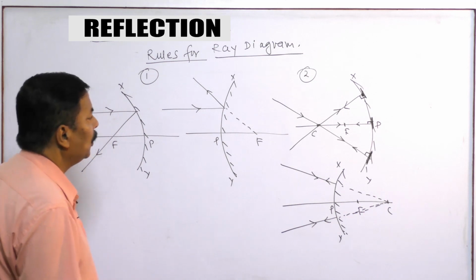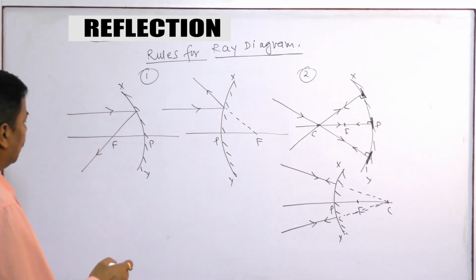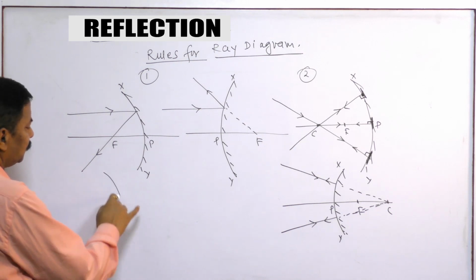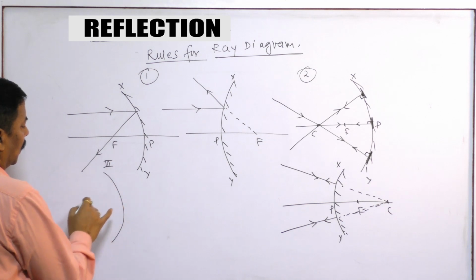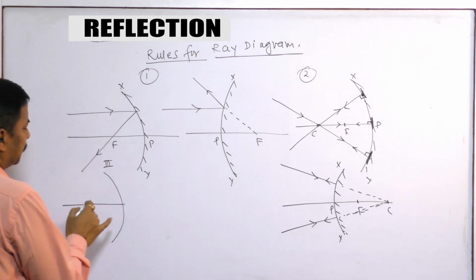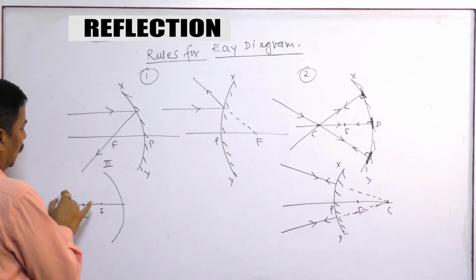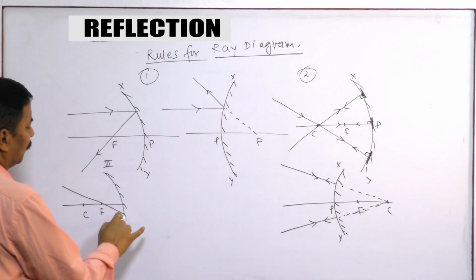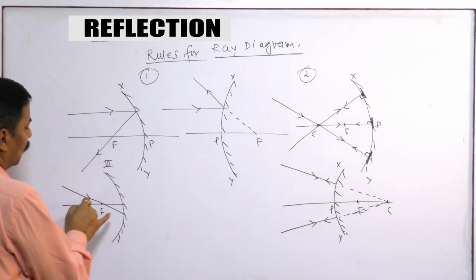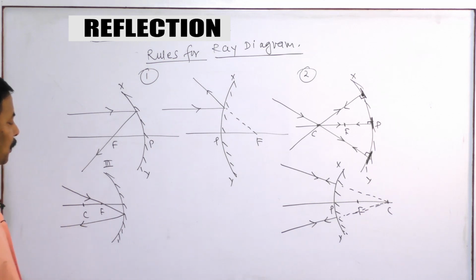And the third rule that we have to understand is: if the ray is passing through the focus, then after reflection it becomes parallel to the principal axis.